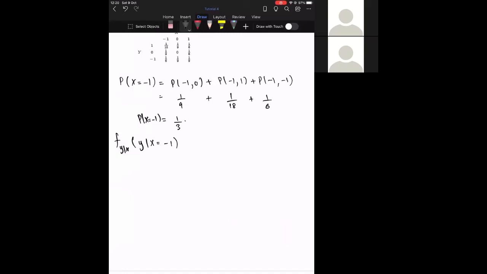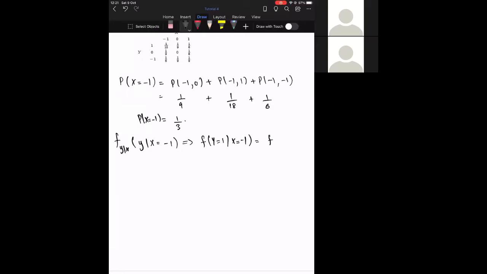So let's take y equals 1. Just to clarify, let me add a y as well. Find y equals 1 given x equals -1. From basic principles, we know that the conditional probability is equal to the intersection divided by the probability of whatever the condition is being based on.